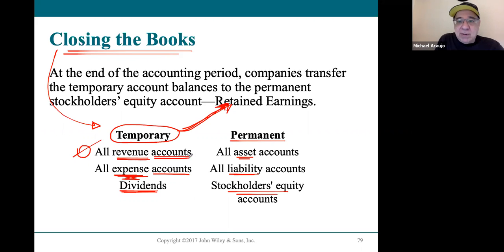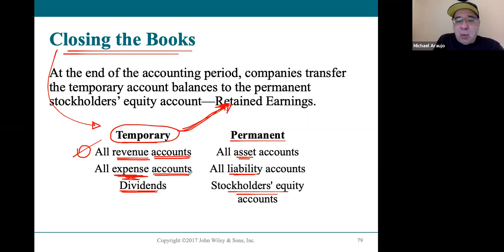It must be closed to zero because the very next day you're going to start new records for the new period of time. And you know how many expense accounts there are. Just for Sierra Corporation alone, there were 6, 7 expense accounts. Each individual expense account needs to be closed to zero.